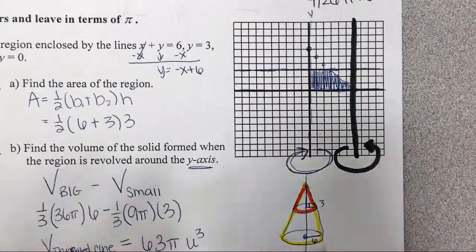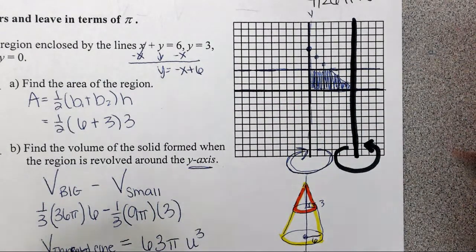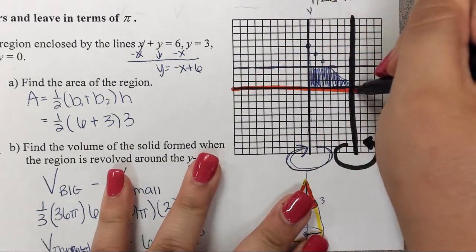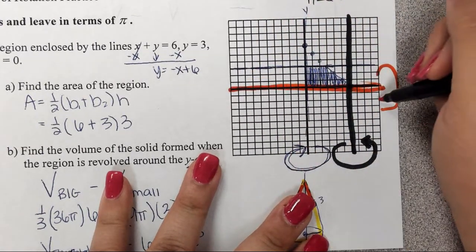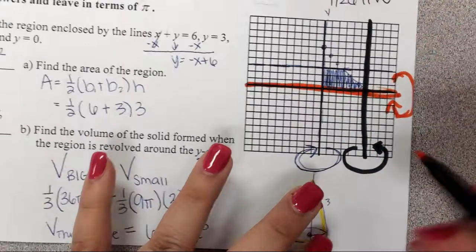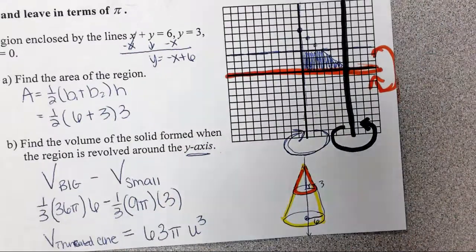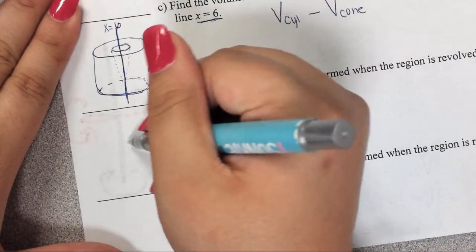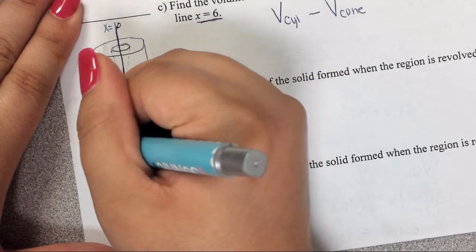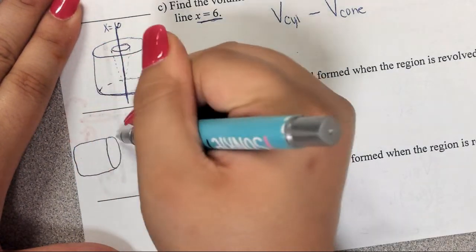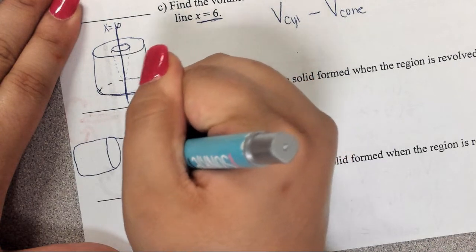Last but not least, what if I wanted you to rotate about the x-axis? If I asked you to rotate about the x-axis, it would be like a castle. So what it would end up looking like is it would be a cylinder with a cone on top.